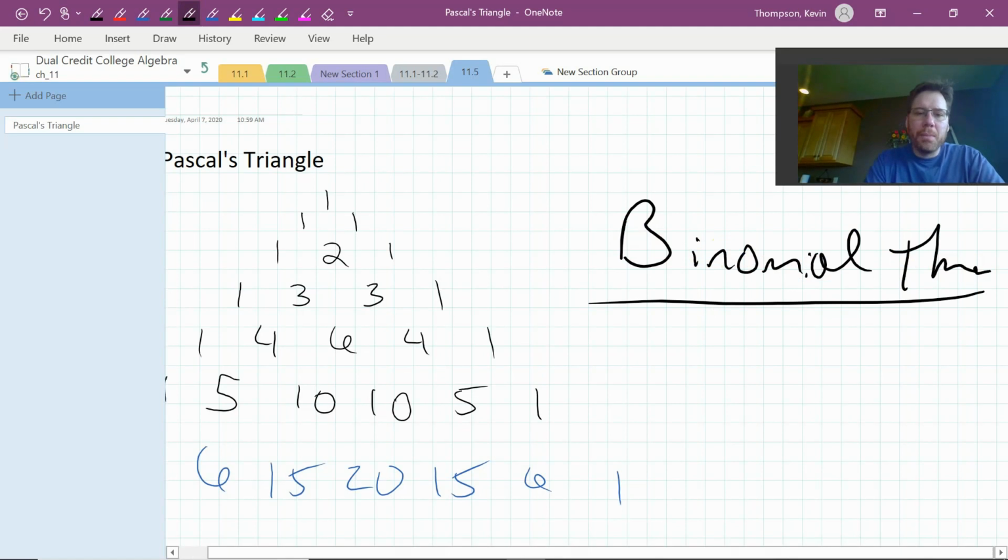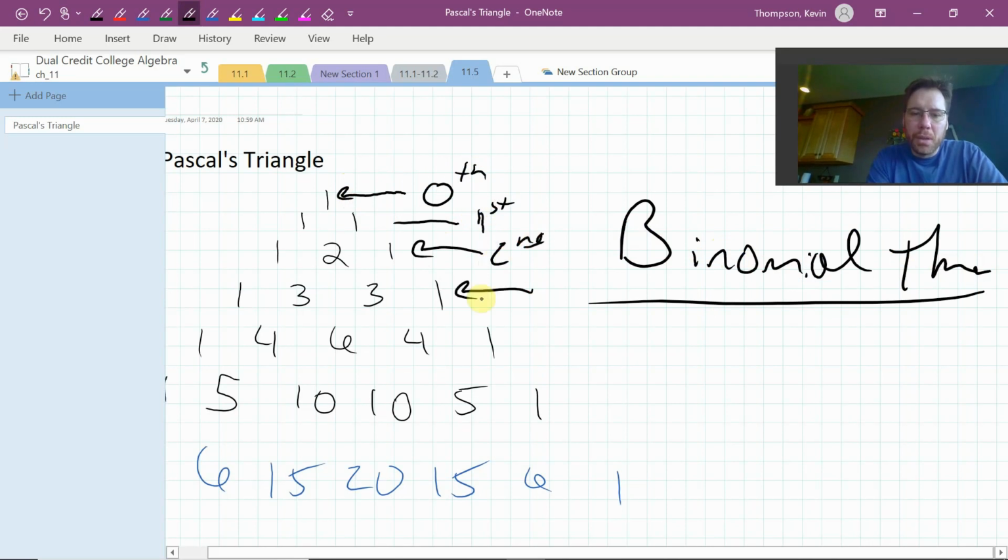Now, it might seem strange, but I'm going to call this first row the 0th row. That's row 0. Then the 1, 1, I'm going to call the first row. The 1, 2, 1 is the second row. The 1, 3, 3, 1 is the third. The 1, 4, 6, 4, 1 is 4. 1, 5, 10, 10, 5, 1 is the fifth row.